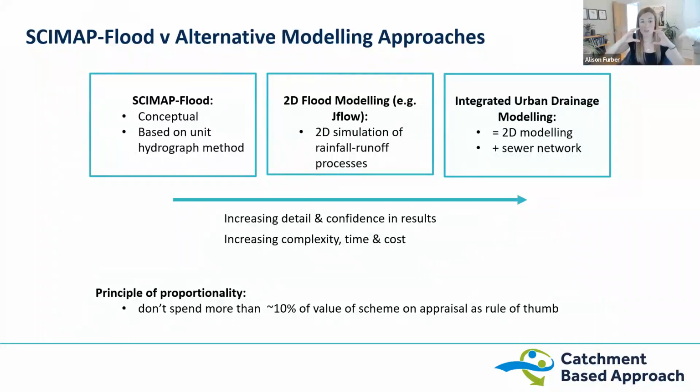If we want to go up to level 3, we might be looking at 2D flood modelling or integrated urban drainage modelling. An example of 2D flood modelling would be JFlow. The way that level 3 models go beyond what we're doing with SCIMAP-Flood is that they are actually simulation models.